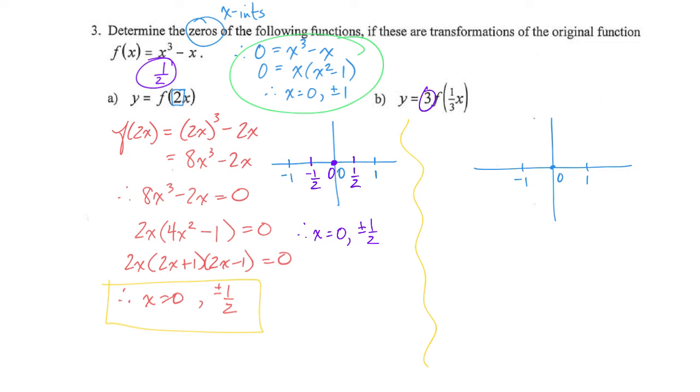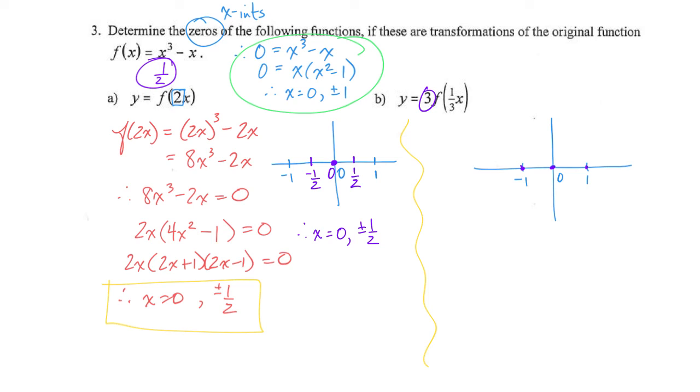Well, that's going to be a vertical stretch by a factor of 3. The problem is these points are on my x-axis. And so if I were to vertically stretch those by a factor of 3, they're not going to move. That vertical stretch has no effect on my x-intercepts. They're invariant.